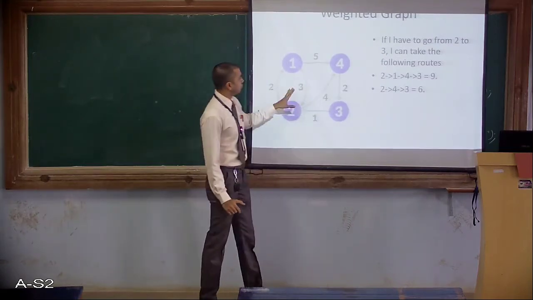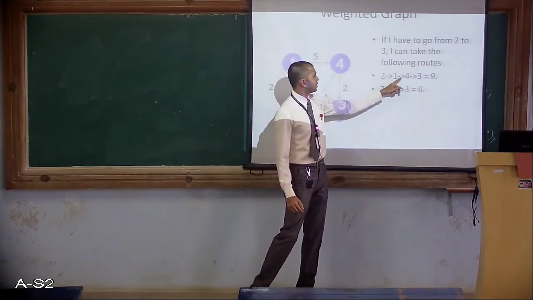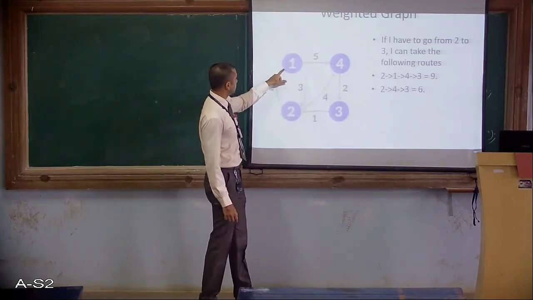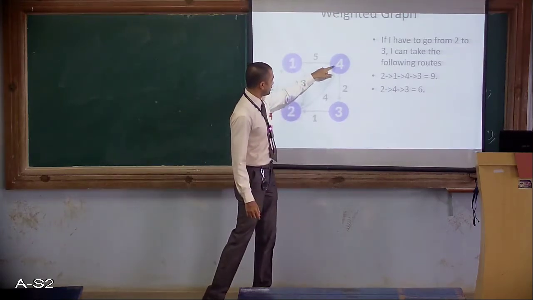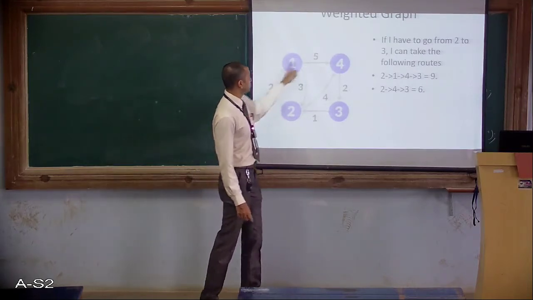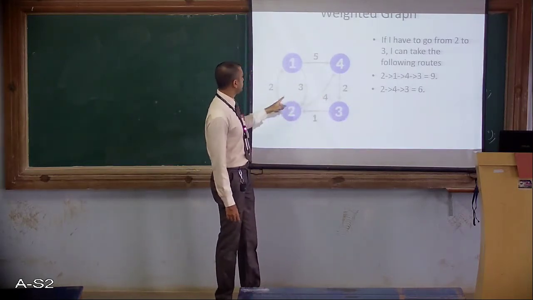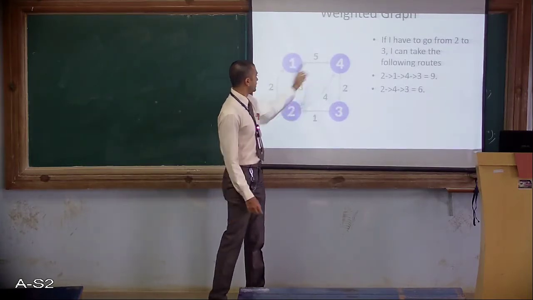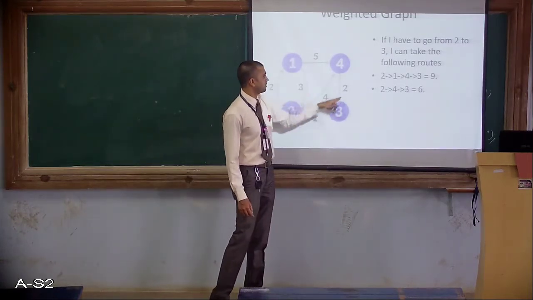I can take the following routes: 2 to 1, 1 to 4, 4 to 3. Let's see. 2 to 1, then 1 to 4, and 4 to 3. So this is one route. The cost of that route is 2 plus 5 plus 2. So it is 9. 5 plus 2 is 7. 7 plus 2 is 9.